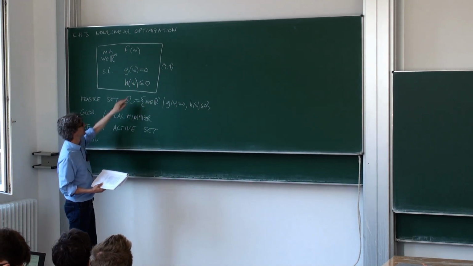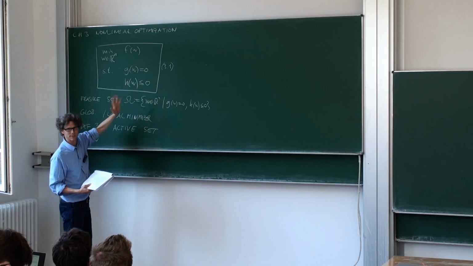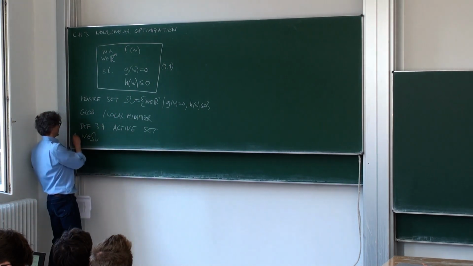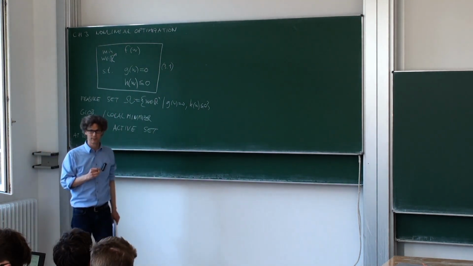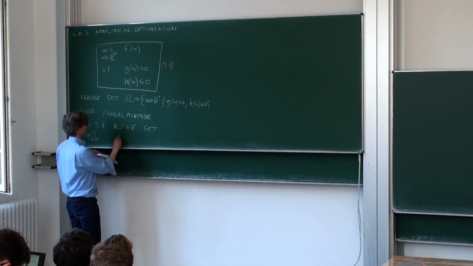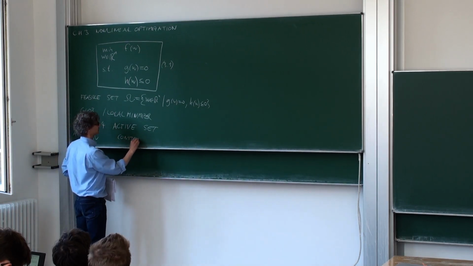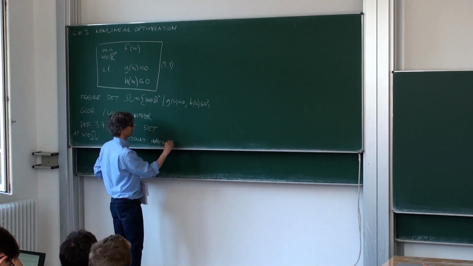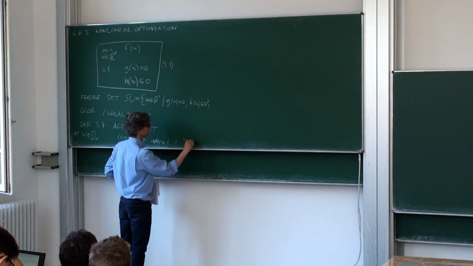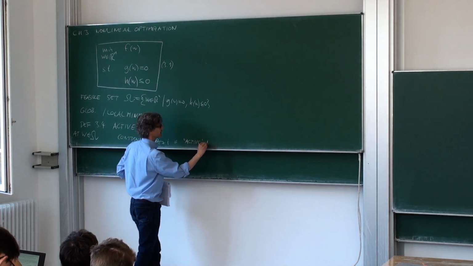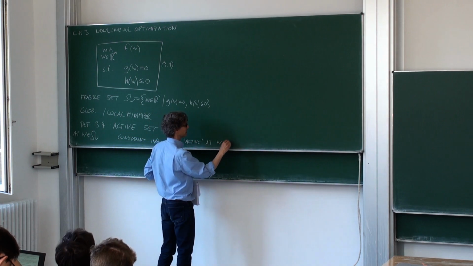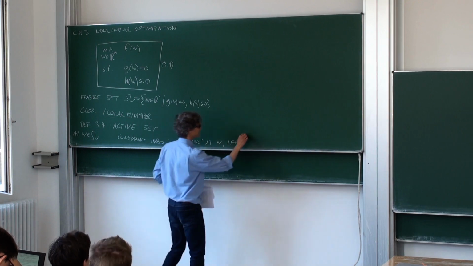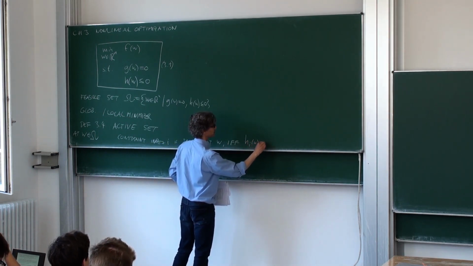And those points that actually touch an inequality, so they really are zero, these constraints we call active. So we say constraint index i is active at w if and only if h_i of w is equal to 0.